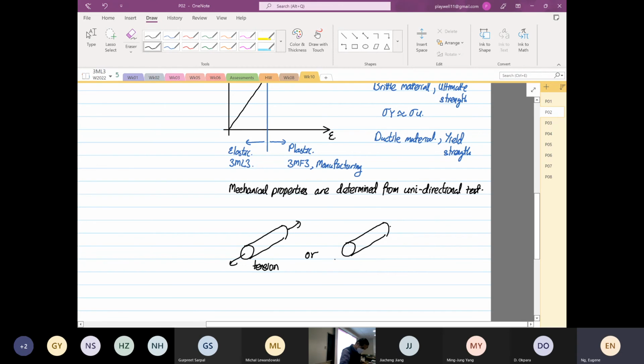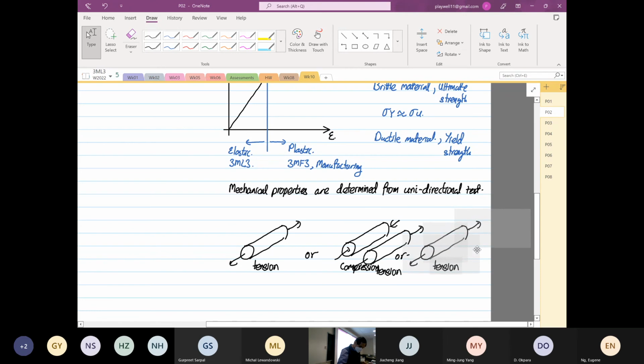It can be done in compression, or it can be done in shear. Okay. These are the directions, all.